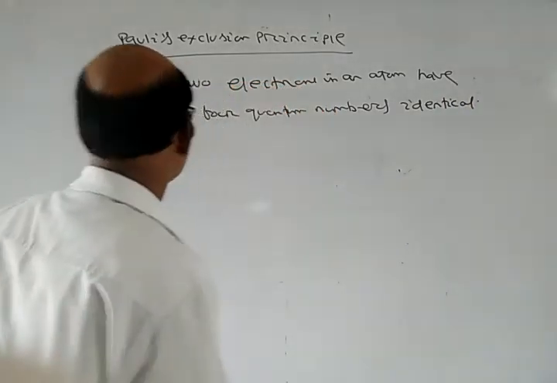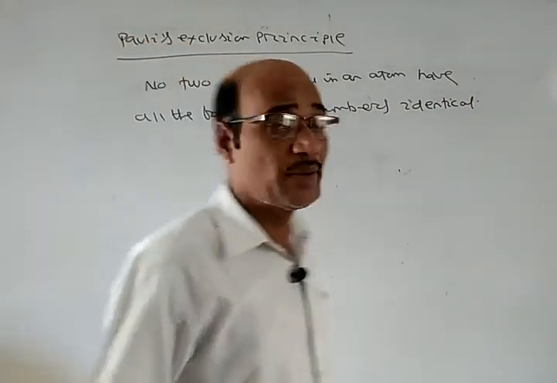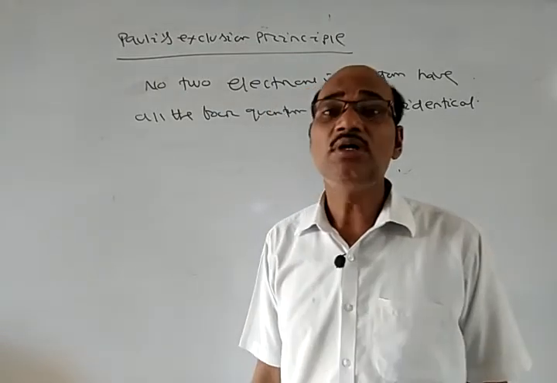Okay. So, no two electrons in an atom have all the 4 quantum numbers identical.